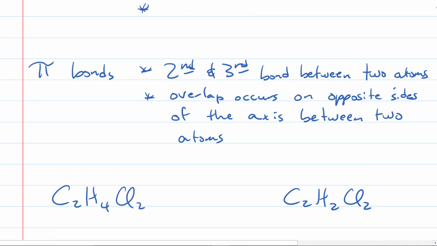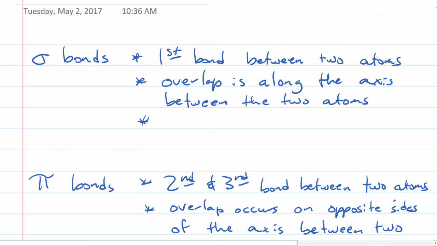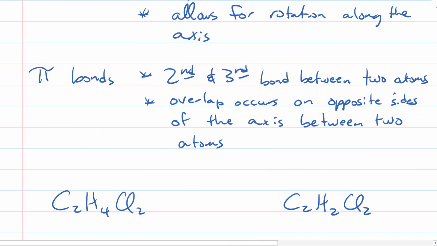The extra bullet points. We could say that this means, if we only have sigma bonds present, it allows for rotation along the axis. And in this one here, these do not allow for rotation along the axis.